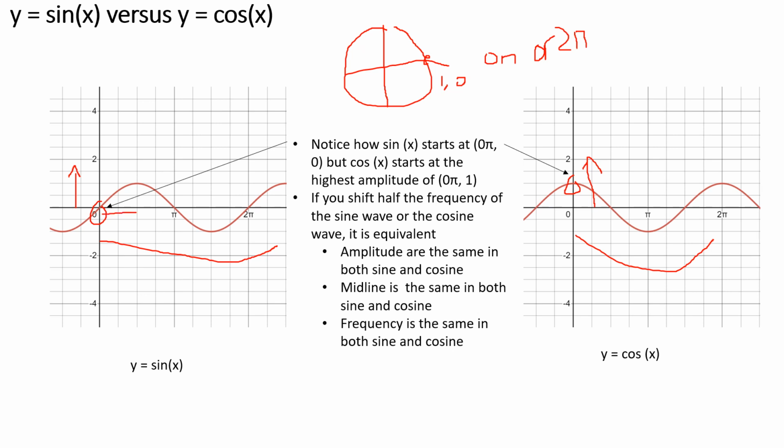And what is my y coordinate? It's 0. So my sine wave starts right here. On my cosine wave, I'm still at 0 pi, but my x coordinate is 1. So it starts at 1 right there. And that is the basic difference, a shift between the cosine and the sine when you're looking at the sinusoidal wave.